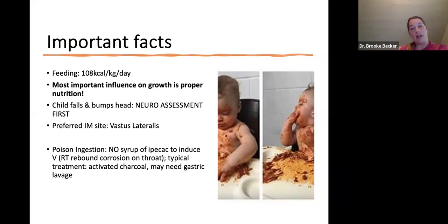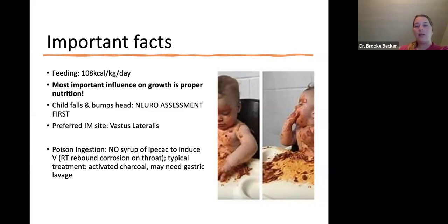If not, speak with the parents about increasing their nutritional intake. But if they are getting enough calories and still dropping off the growth chart, there could be some sort of growth delay going on, so that would be important to investigate.